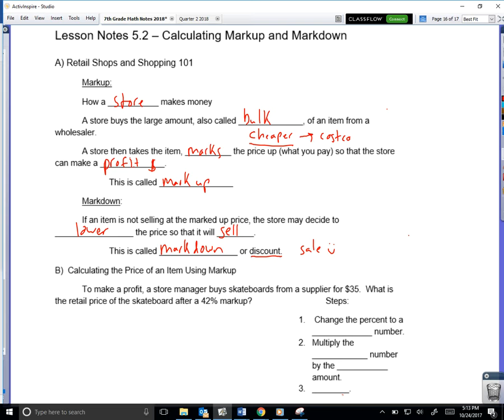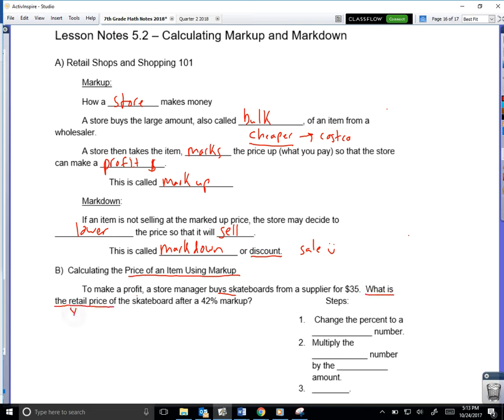Let's take a look at how we're going to calculate the price of an item using a markup. Here's our situation. To make a profit, a store manager buys skateboards from a supplier for $35. What is the retail price of the skateboard after a 42% markup? So here's our question. What is the retail price?